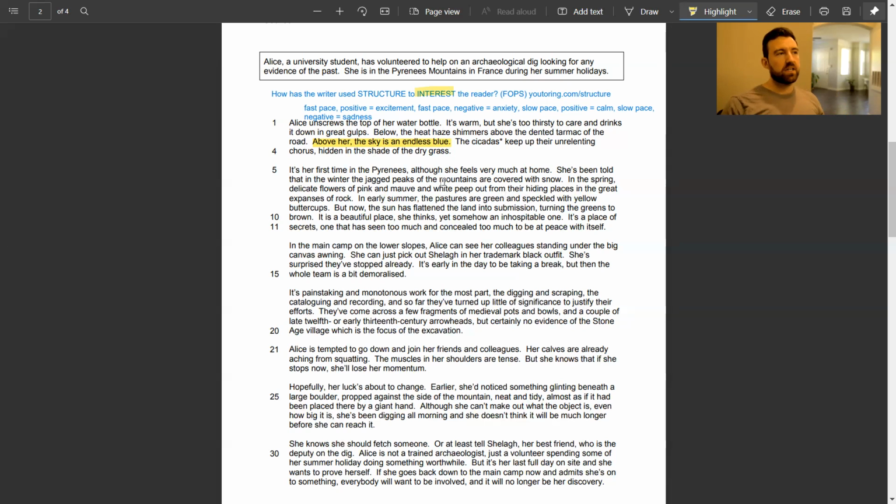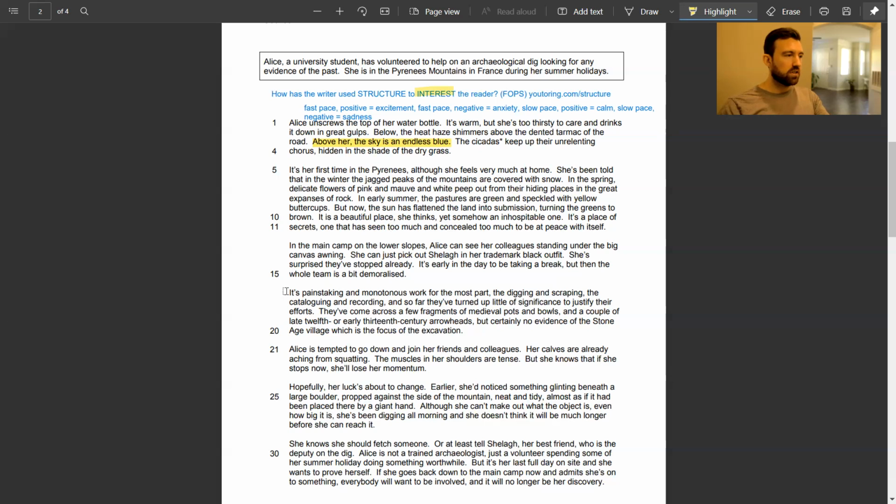And why might this be interesting to the reader? Because it establishes a calmness to the piece to begin with, which then means we can look for a change in pace, and there will always be a change in pace somewhere in here. So now we can look for a faster bit to add this contrast, which will finish off the interest.